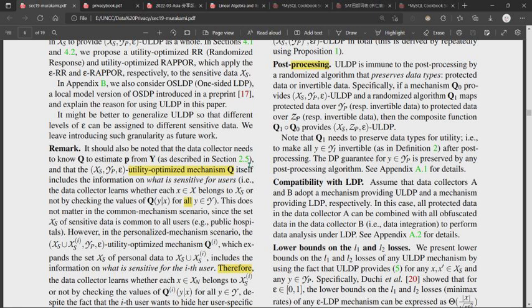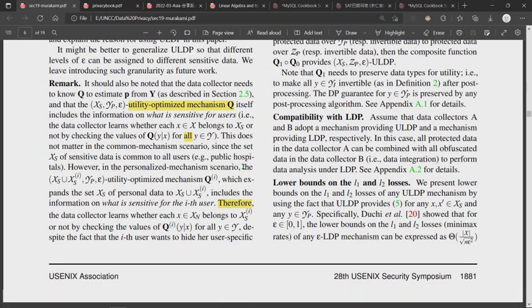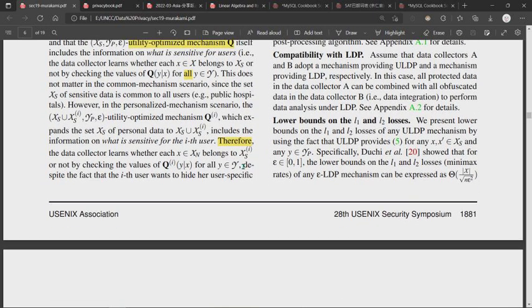Preserve data types for utility. Got it. Compatibility with LDP: A and B adopt the mechanism providing ULDP, and the mechanism providing LDP.